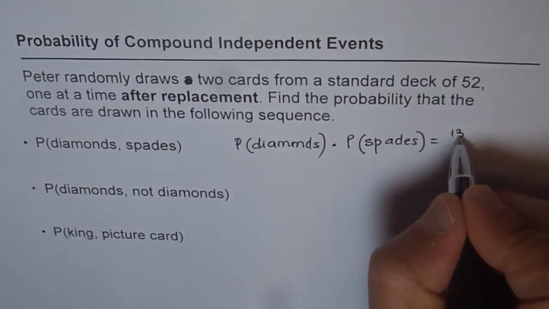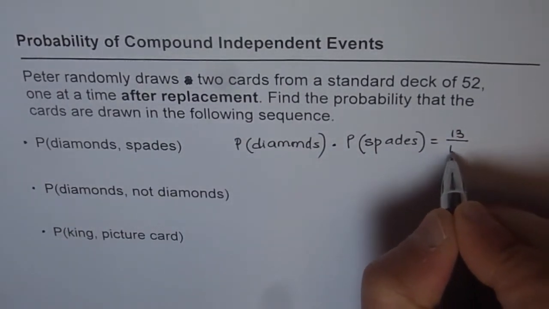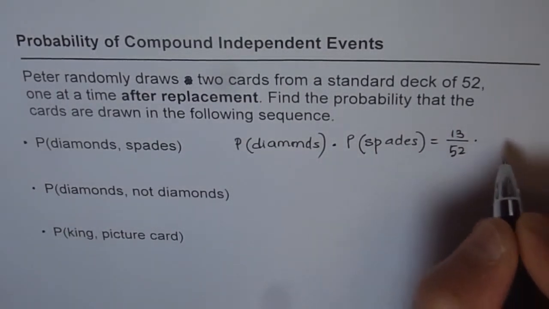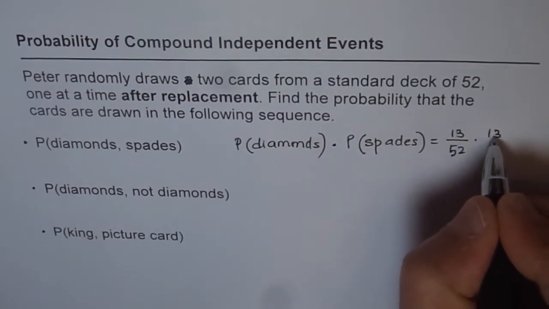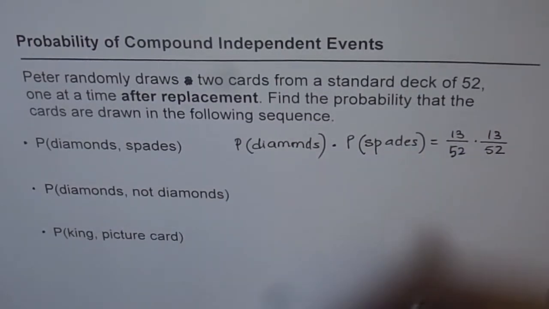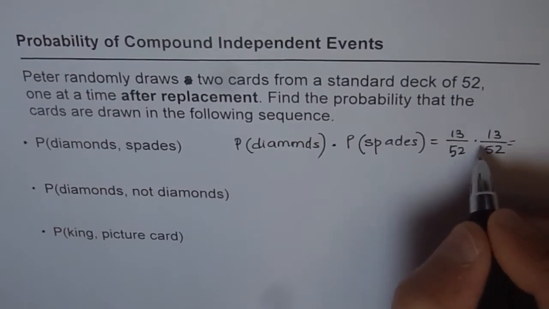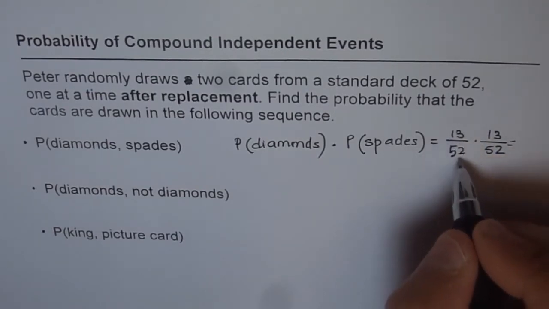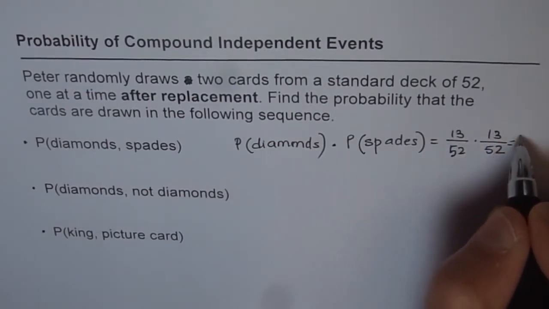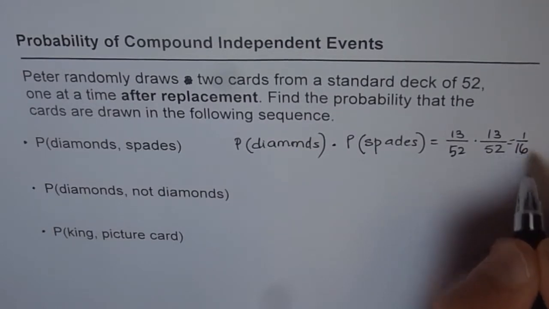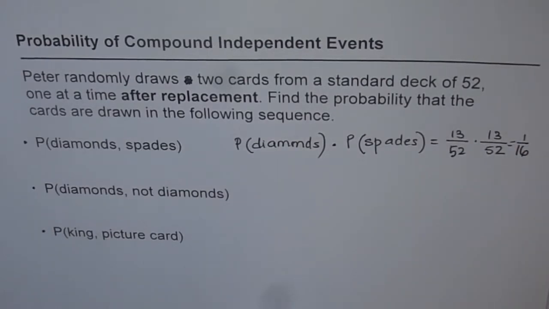There are 13 cards of diamonds, 13 over 52, times the probability of spades, which is 13 over 52, right? Now if you simplify this, 13 over 52 is 1 over 4, so 1 over 4 times 1 over 4, or 1 over 16. So that is the probability of drawing diamonds first and then spades when you're replacing the card which has been drawn in the first place, right?